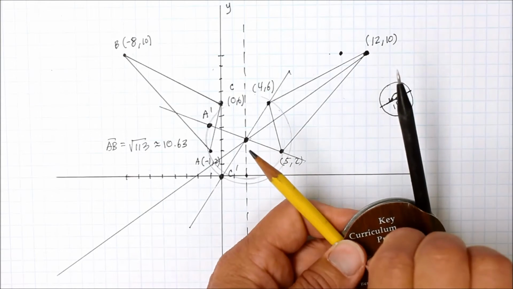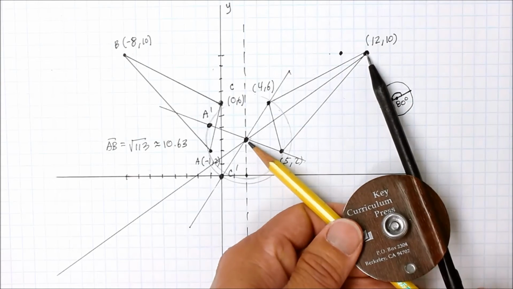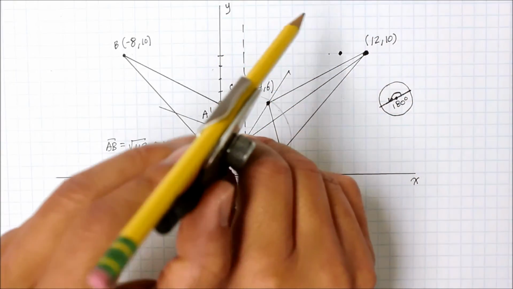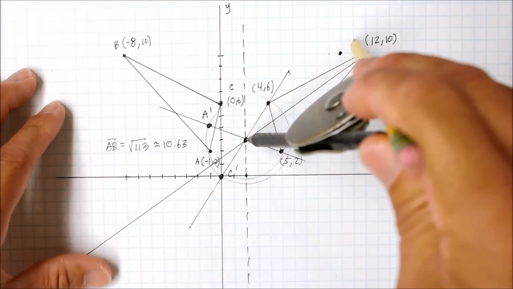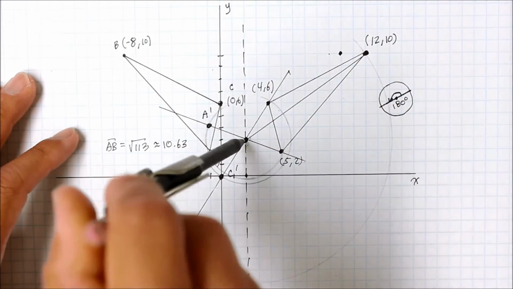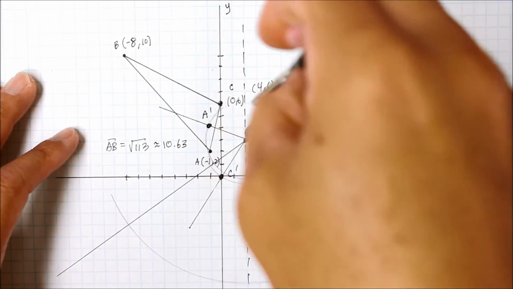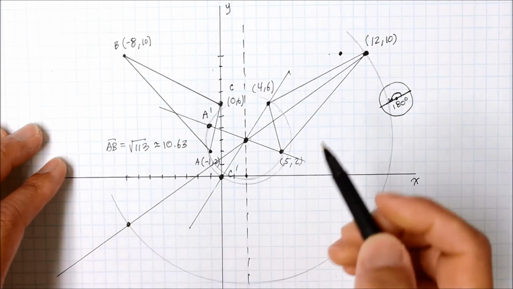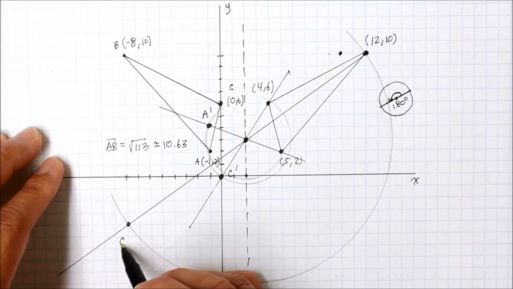Let me tighten up this guy right here so it doesn't move around. There. And then, let's rotate that. Here we go. Look at that. Right over there. And where do I stop? On the opposite side of the diameter.